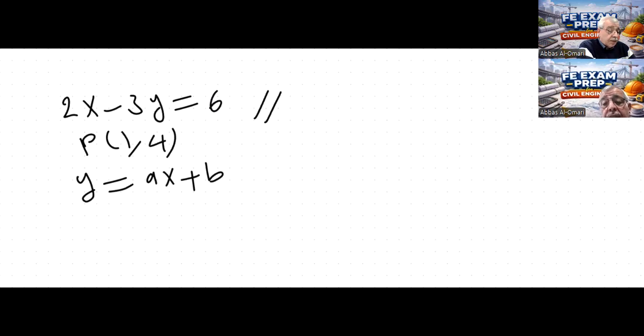If this is the Cartesian coordinate system, with x and y axes, this is a straight line. The slope a can be determined from delta y divided by delta x, and b is the y-intercept, this point.